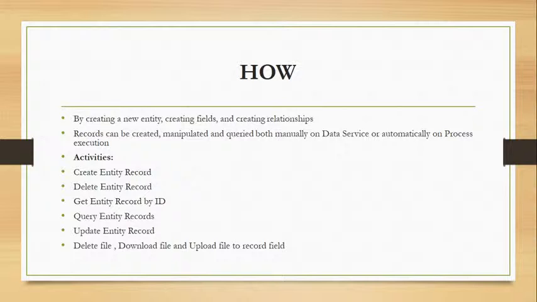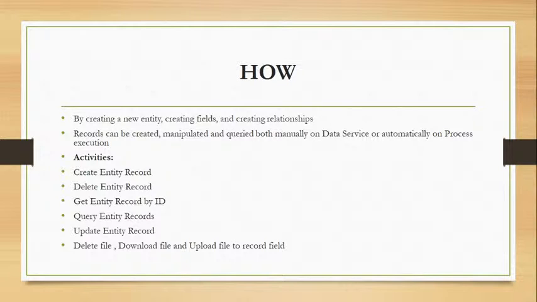Before creating a new entity, you need to have an Orchestrator account connected to your bot, and then you need to enable data service for your tenant, and only then can you create new entities. You can also create a user-defined number of fields based on the requirement, insert records, and create relationships between two entities. We can create relationships between entities only if the entities are already present.